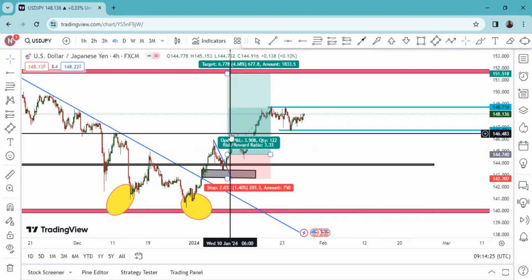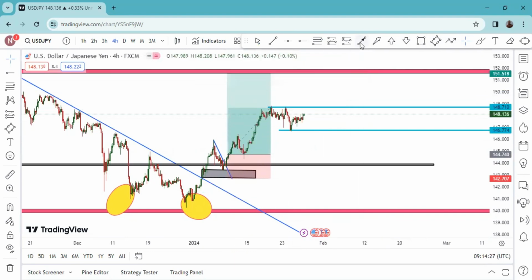So if the market breaks to the bottom and breaks this level, then I'm stopped out on my second part of the profit.